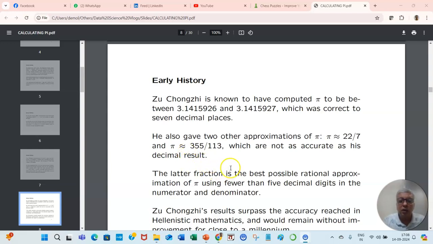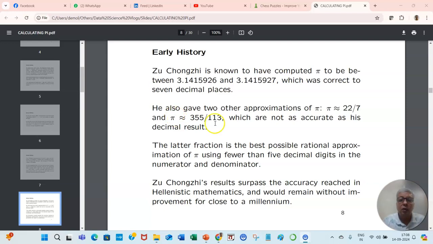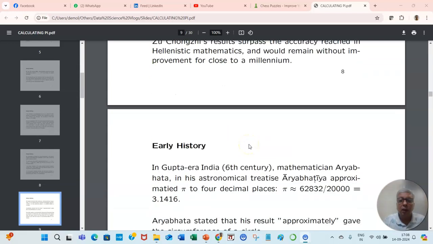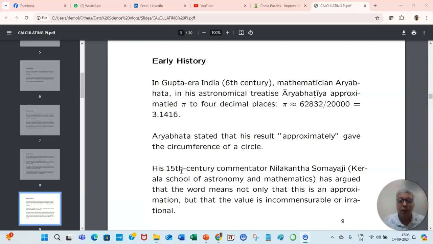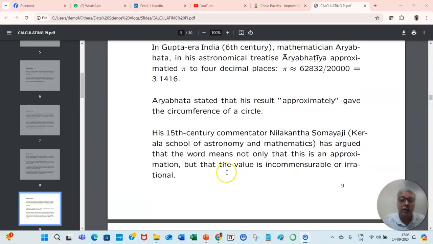Early history of the Chinese mathematicians: pi is approximated by 355 by 113. Aryabhatta of ancient India, 6th century, approximated pi as 62832 by 20,000, which is 3.1416. And in the 15th century, Nilakantha Somayaji of the Kerala School of Astronomy and Mathematics came out with the fact that pi is not expressible as a fraction.